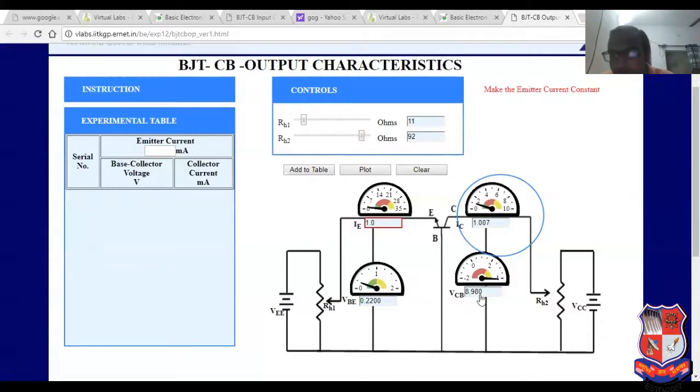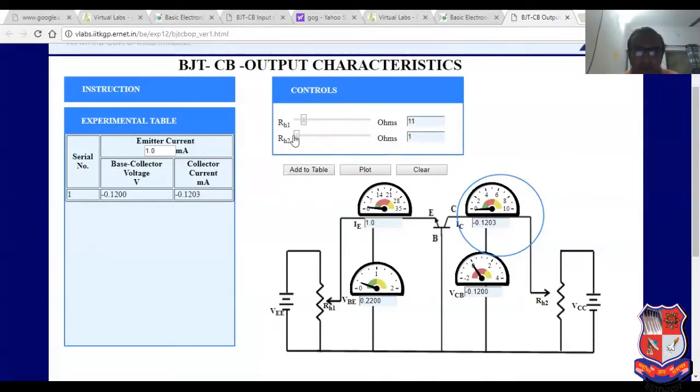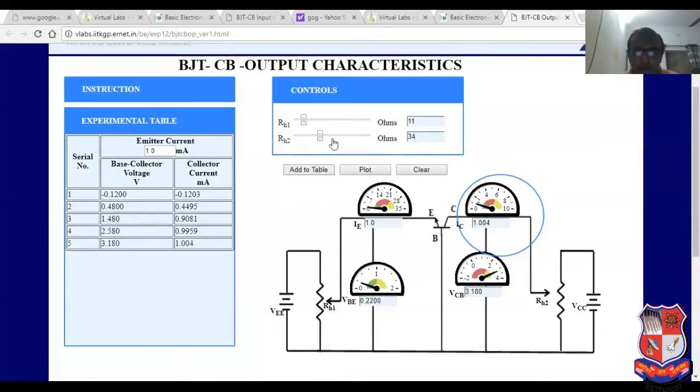If you increase the VCB, see this, the voltage across VCB is increased. If you decrease, still the collector current is constant. I have included all the readings in the table. See this, the collector current is this. If the resistor value is changed, then the collector current is changed.